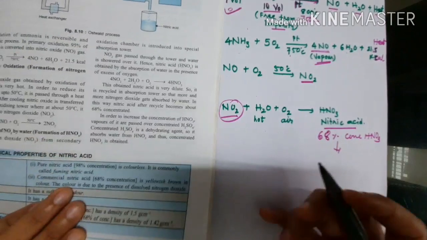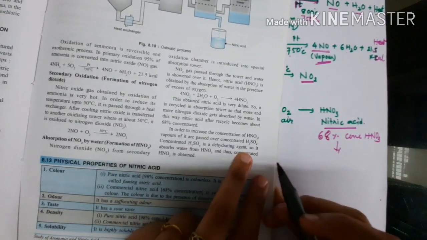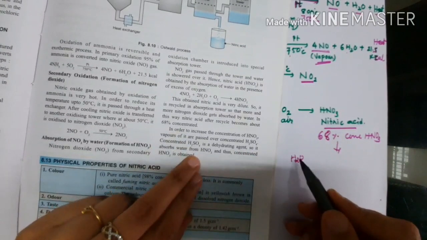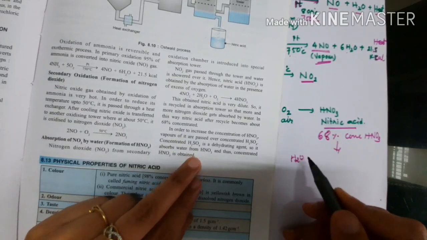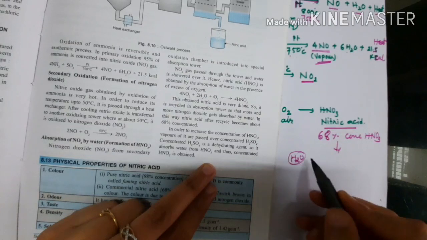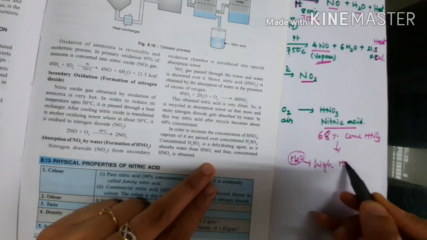As we know, sulfuric acid is a drying agent, so it will absorb the water from the nitric acid, and then the concentration becomes higher. This is the way we get highly concentrated HNO3.